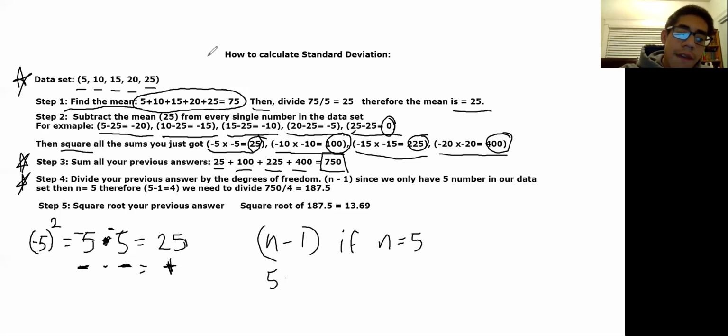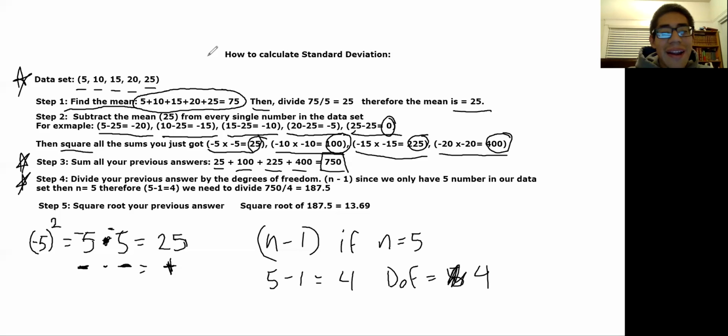Therefore, 5 minus 1 is equal to 4. My degrees of freedom equals 4, right? So the step says that I have to divide my previous answer by 4.